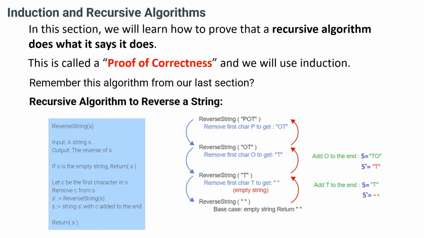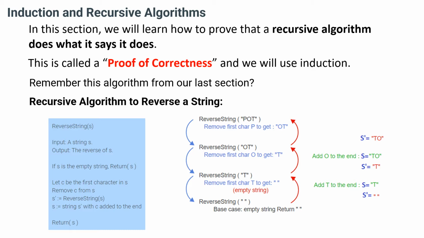Okay, and so then that's what gets returned, and we'll call that S prime. And that's this first iteration that we finally did way back at the very beginning, and we're now supposed to, whatever character was removed from the front, put it on the back.